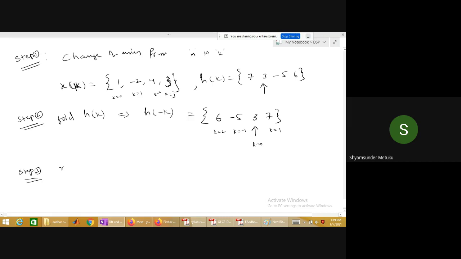Sir, can we fold only one step or others? I did only one. If you keep a mirror on the 3, the right side will appear towards the left side. So -5 will come first here. 6 will come next. Yes or no? Yes, sir. So keep a mirror here.